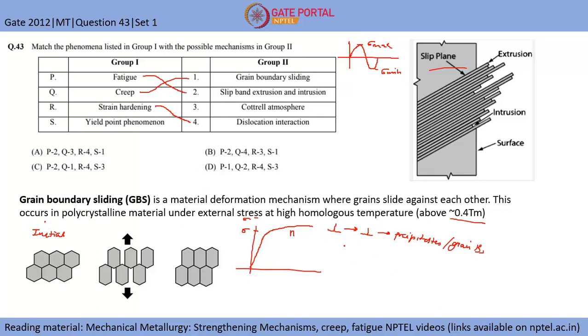And coming to the yield point phenomenon, which is basically observed in mild steel because of carbon and nitrogen atoms. If carbon and nitrogen are trapped inside a steel, let's take the example of mild steel, the dislocations interact with these solute atoms.